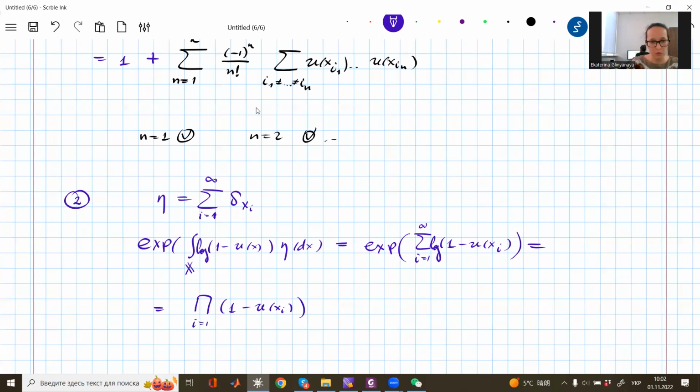So that's why we consider such a strange form here, just in order to obtain this nice representation from the first step. So here I have 1 plus the sum over n from 1 to infinity, 1 over n factorial, and here the integral of u of xi.